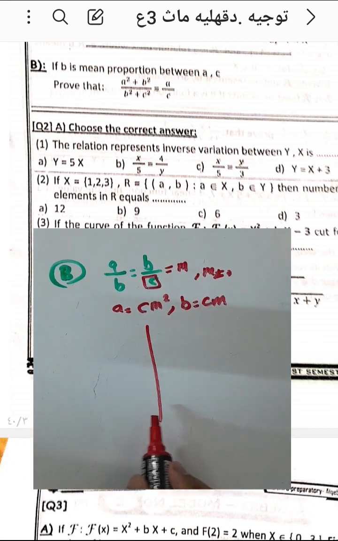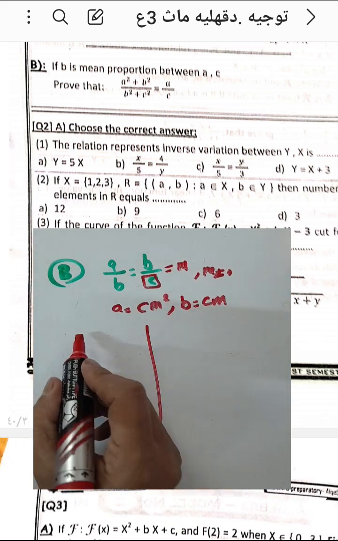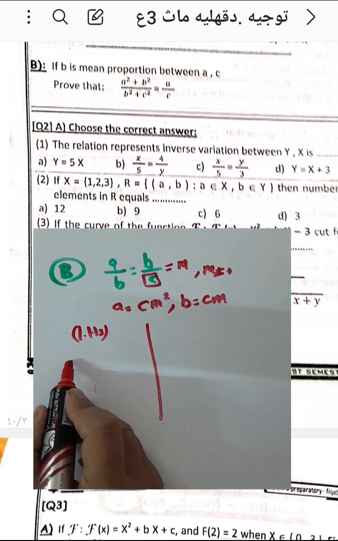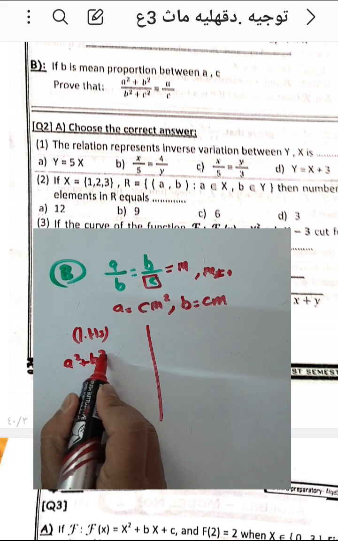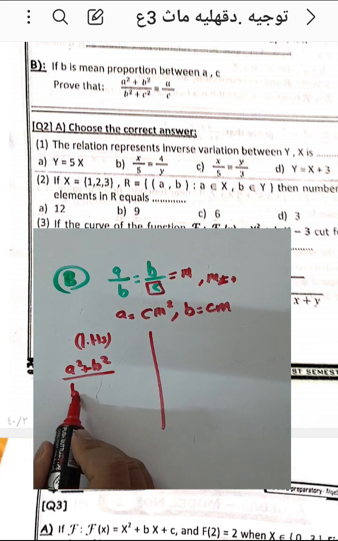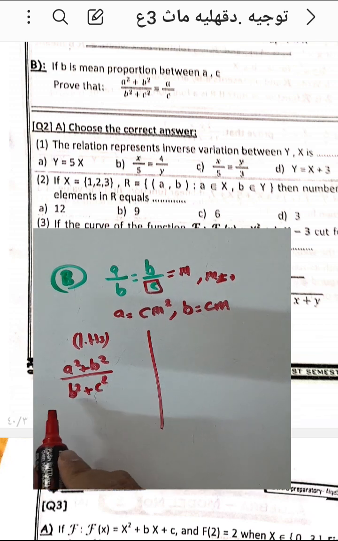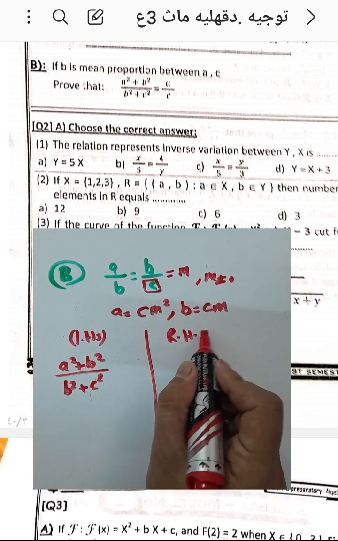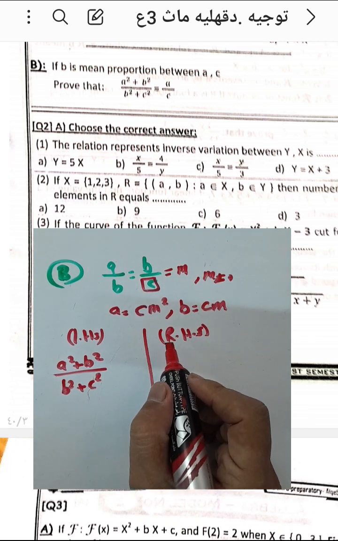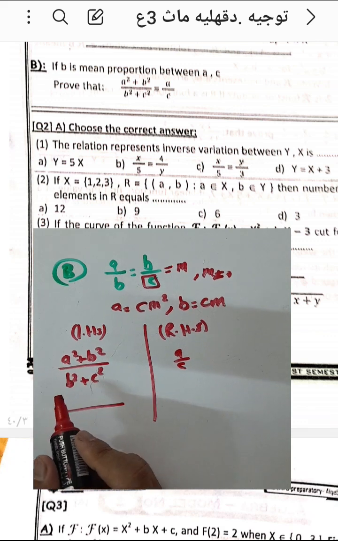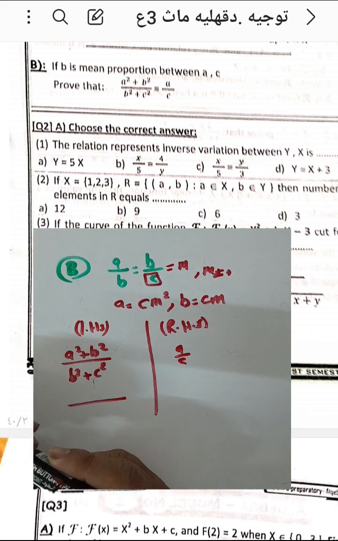Okay, we have here the right hand side and left hand side. Left hand side here: A power 2 plus B power 2, over B power 2 plus C power 2, and right hand side was A over C. Put here A equals C M power 2.